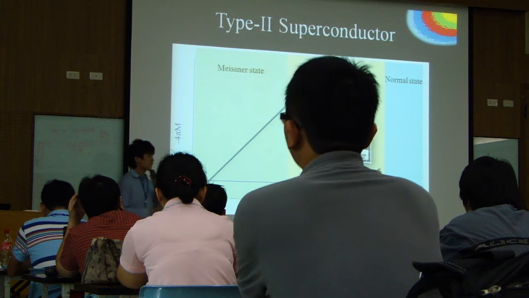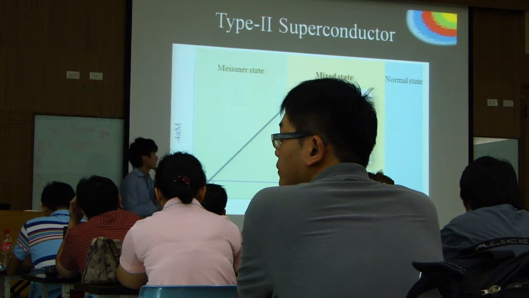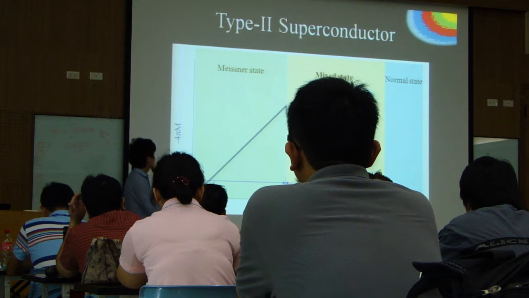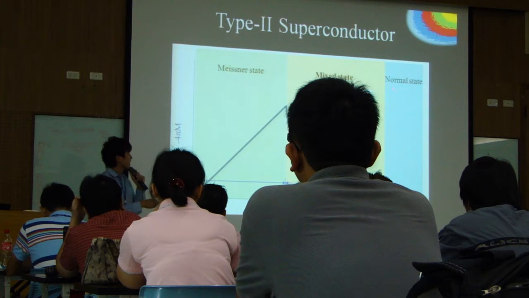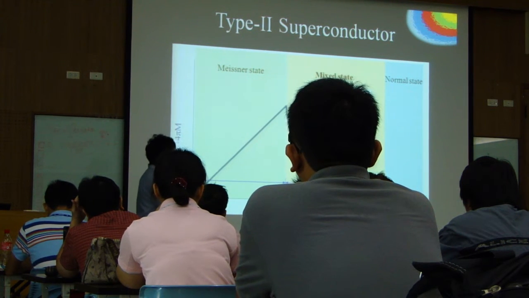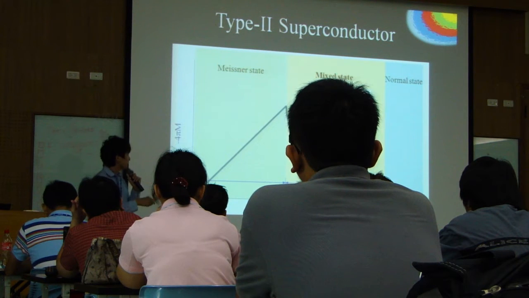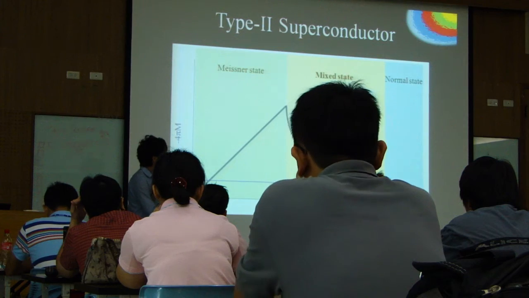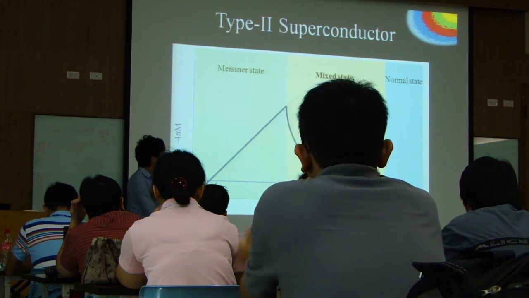In our case, the type 2 superconductor has three states. The first is the Meissner state, and then the mixed state, and then the normal state. And what we focus on is the mixed state. We can see in the mixed state there are special phenomena. This is a top view of the superconductor in the mixed state.